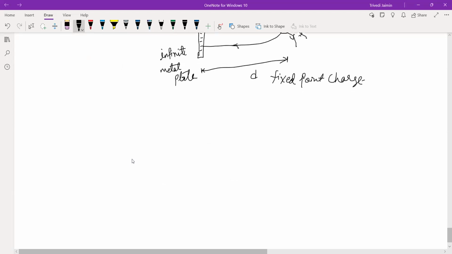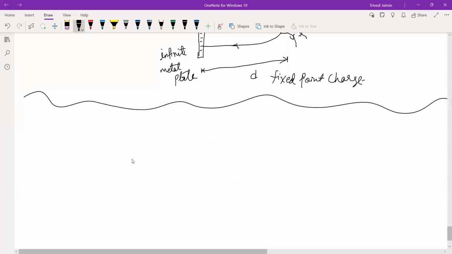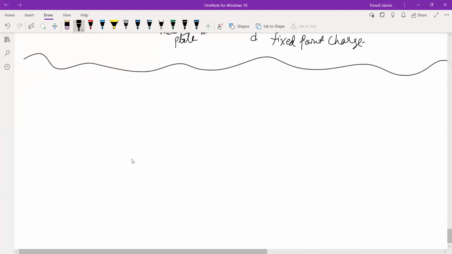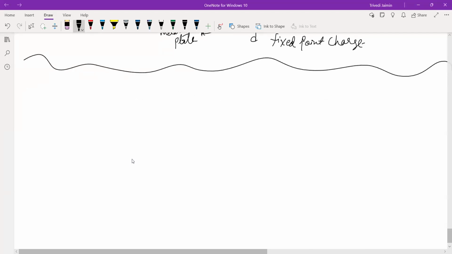Okay, so next. We wrote before also charge distribution: area wise, length wise, volume wise.